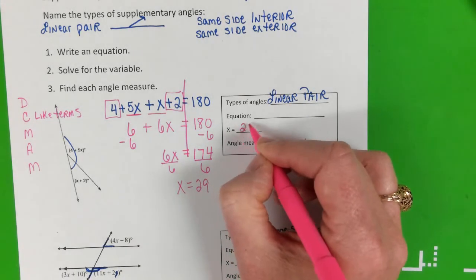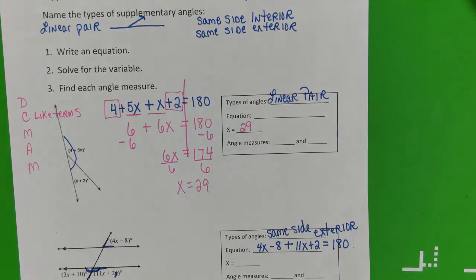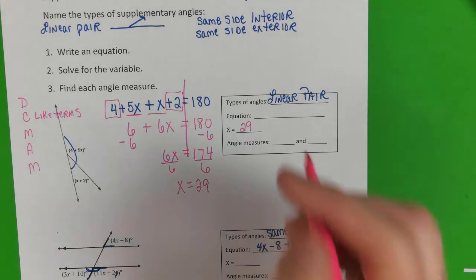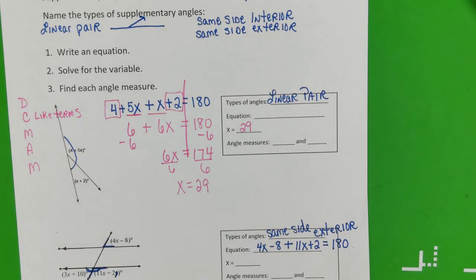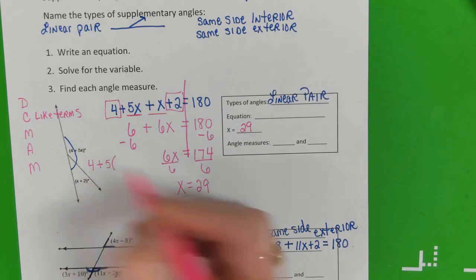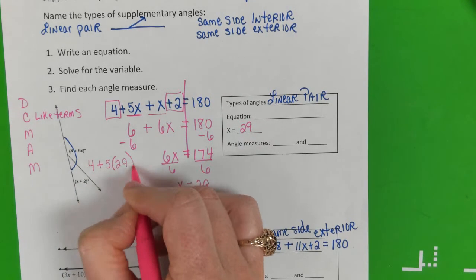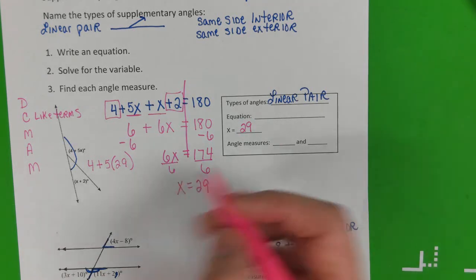So x is 29. Now remember, these angles are supplementary. They're not equal. So I actually have to calculate both angles. So 4 plus 5 times 29. Okay, so again, pick up your calculator. 4 plus 5 times 29, I just typed it right in, is 149.